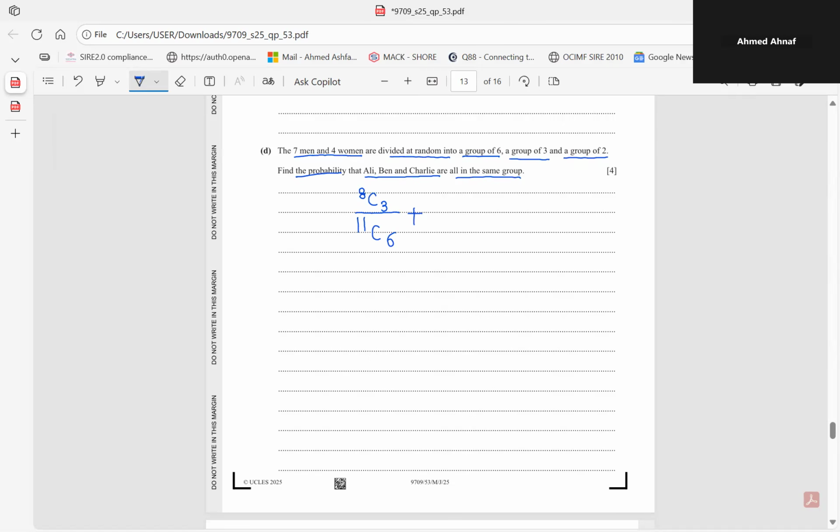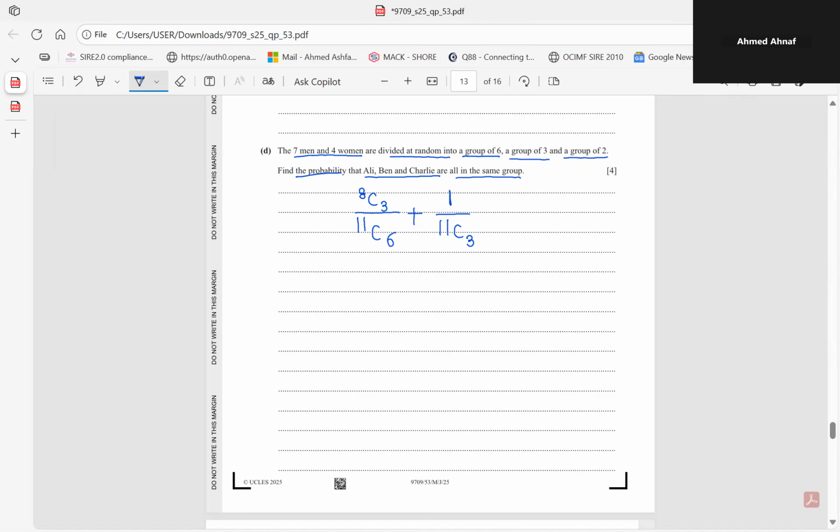And then for the second probability, we're going to have to do 11 choose 3. That's the total number of groups of 3 that's possible. And since we want Ali, Ben, and Charlie to be there, well, that would be just one group. So 3 choose 3.